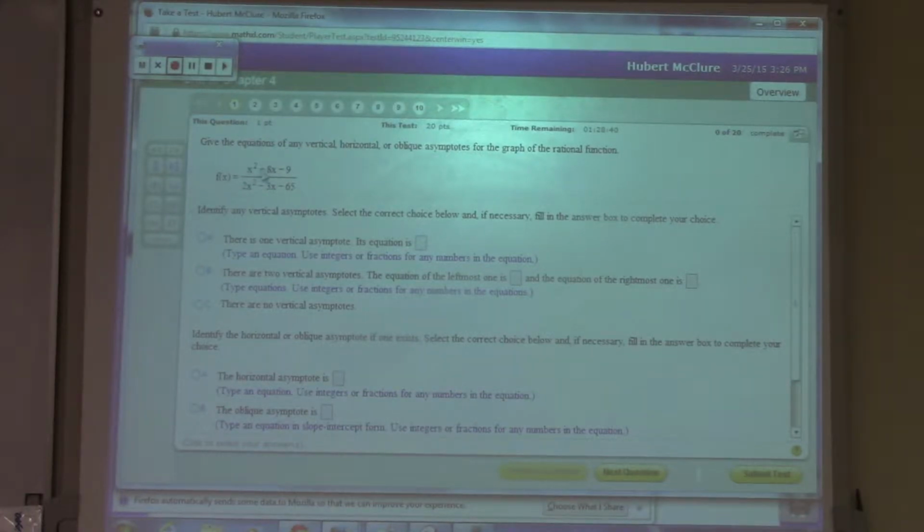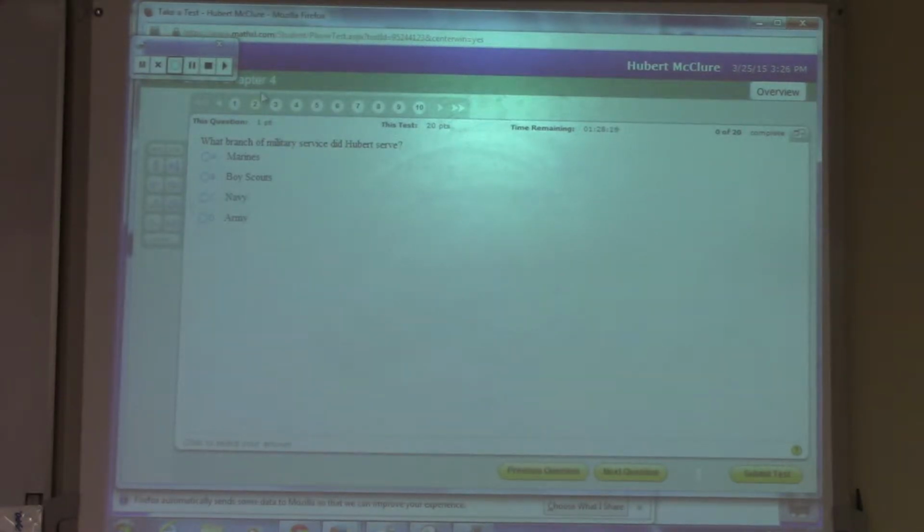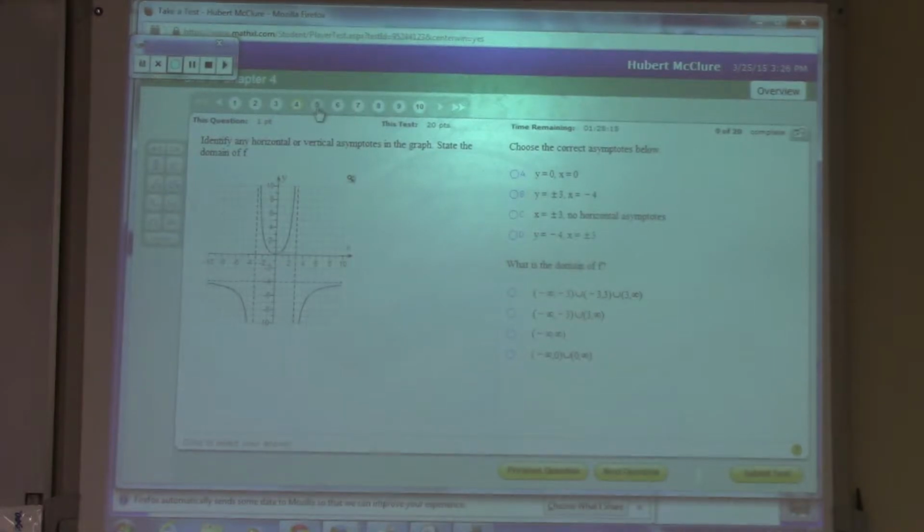So this one would be x minus 1, x minus 9, x plus 1. And then this would be something, and you see if anything cancels. We did a couple like this. So look back in your chapter 4 notes, and we did a couple of these.